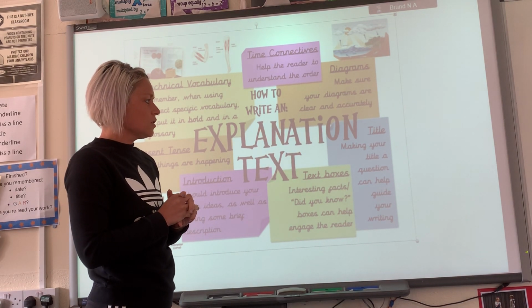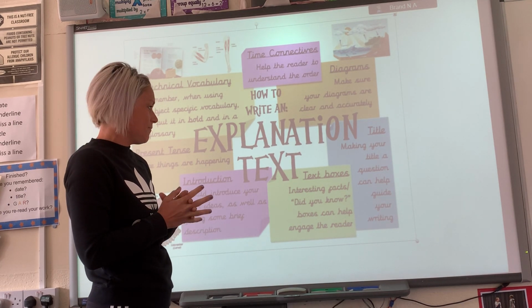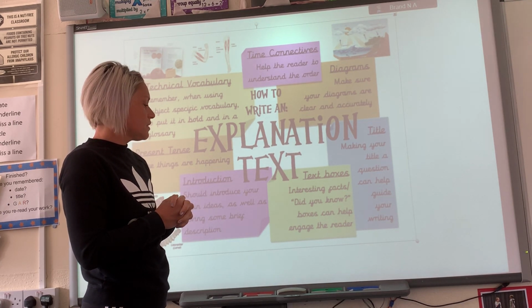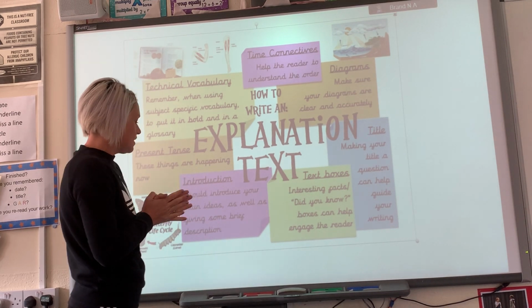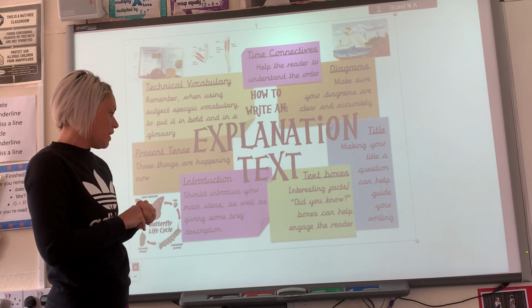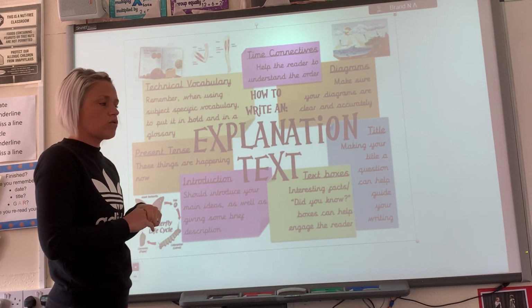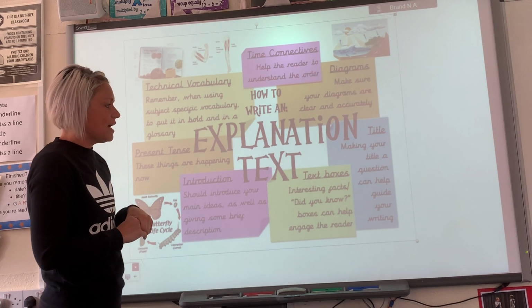Title, you could make the title a question, it can help to guide your writing. Text boxes, did you know, with interesting facts in, something like that. An introduction, so you should introduce your main ideas as well as giving a brief description. Present tense, these things are happening now.